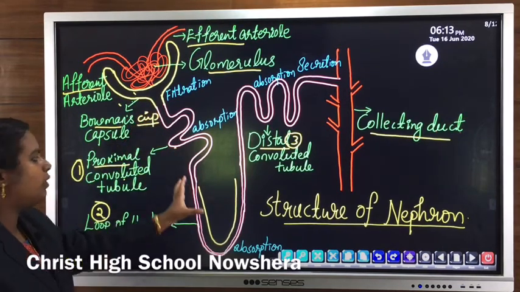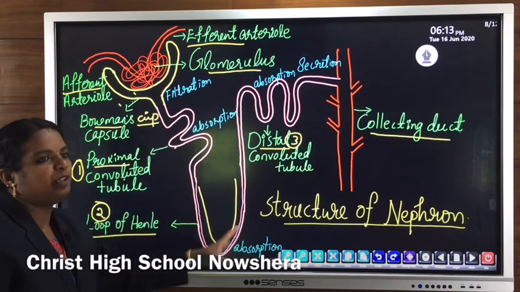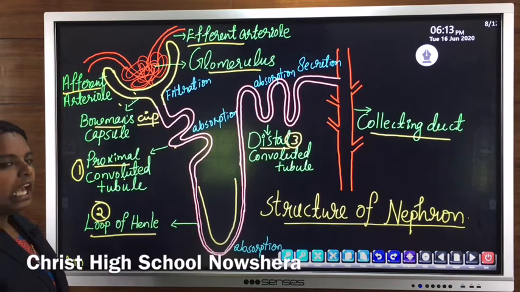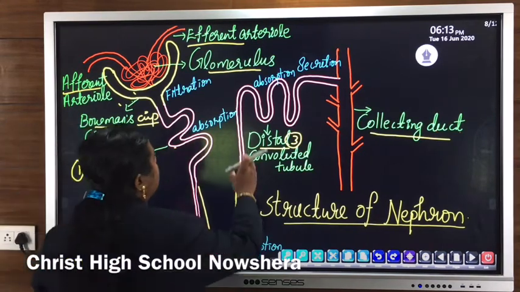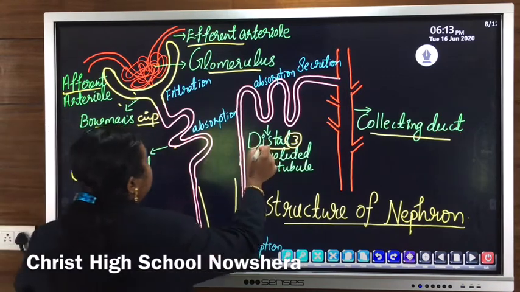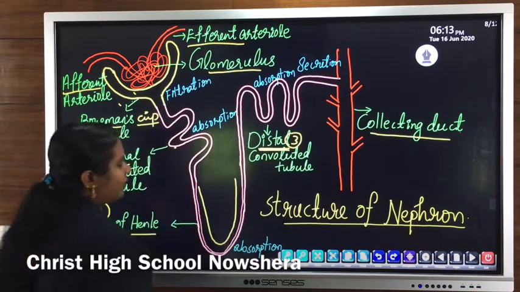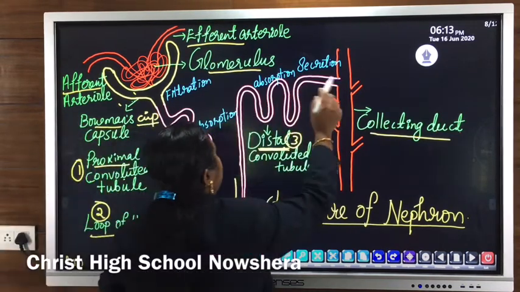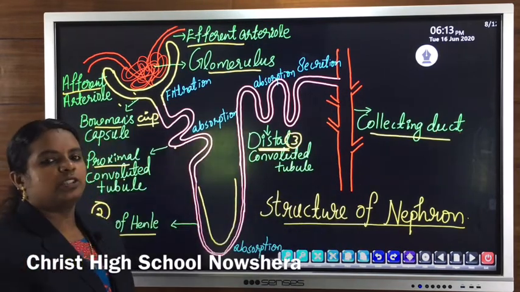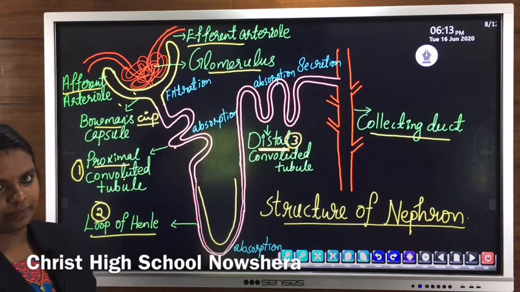Then it comes downward and forms a U-shaped structure. That tubular structure is known as the loop of Henle, and it comes upward, the ascending part. From this loop of Henle, it forms the distal convoluted tubule, and the distal convoluted tubule leads to a duct system known as the collecting duct.